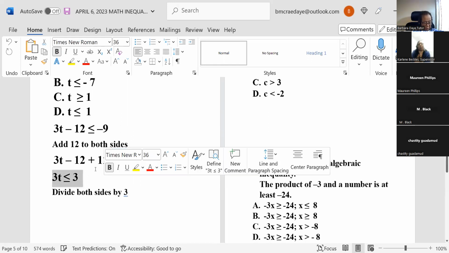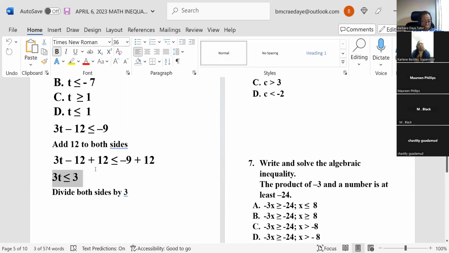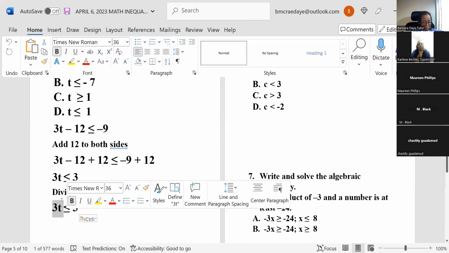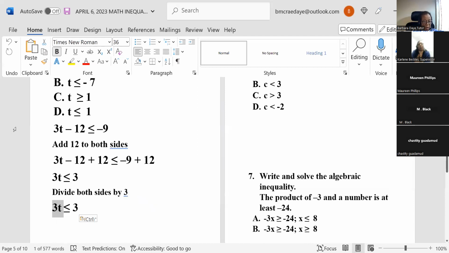What do you get on the left side? So what's on the left? 3t divided by 3 is what? 3t divided by 3, Maureen. The left side, right here. t. Yes, you got t. Okay. So you got t, and then 3 divided by 3 is what? 1.